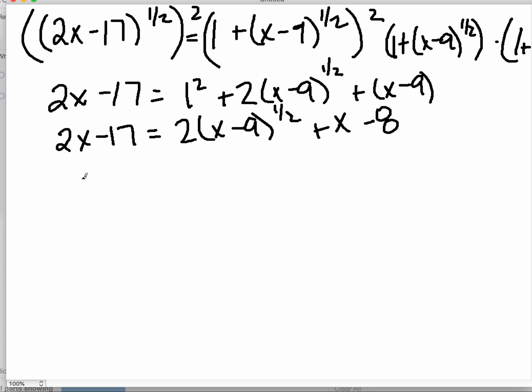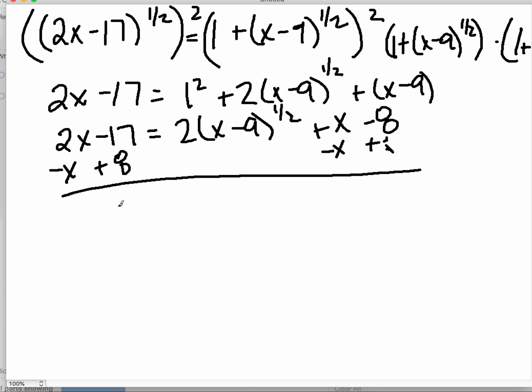So then I added 8 to both sides, and then I subtracted the x over, which gave me x minus 9.